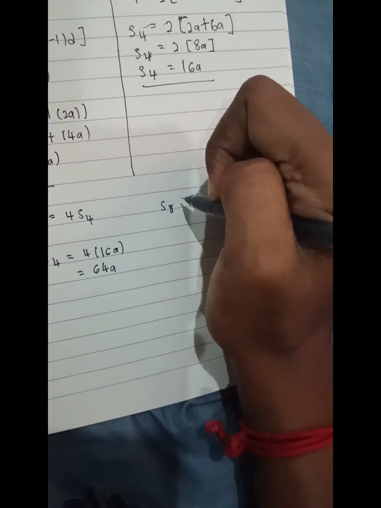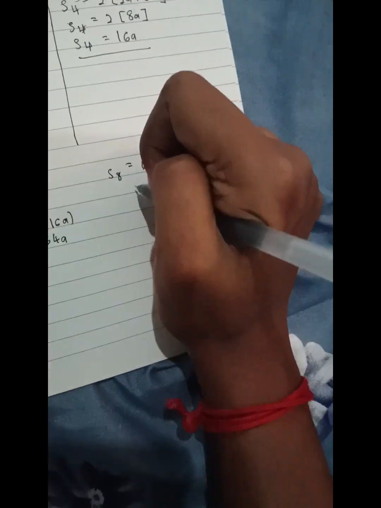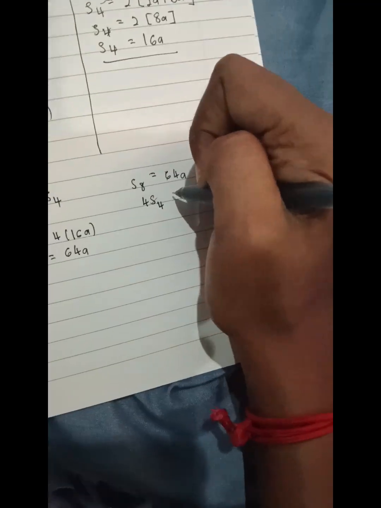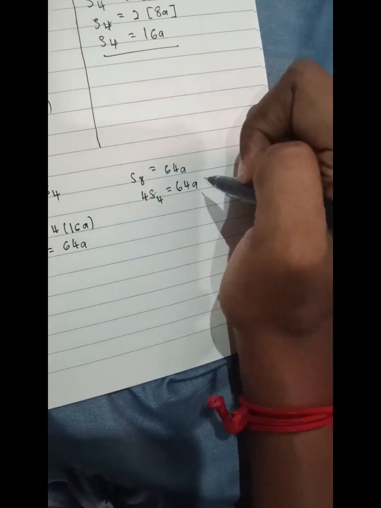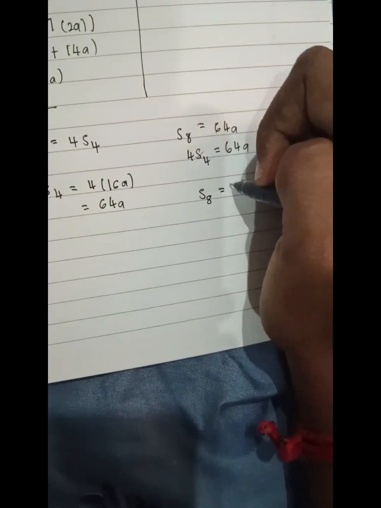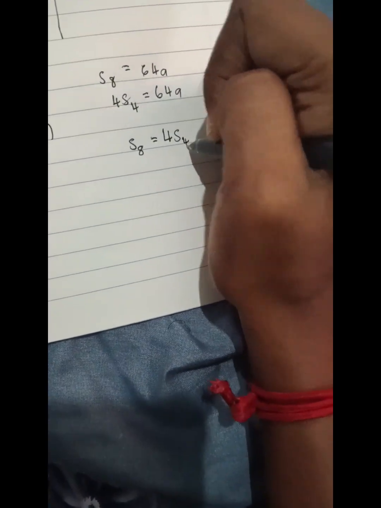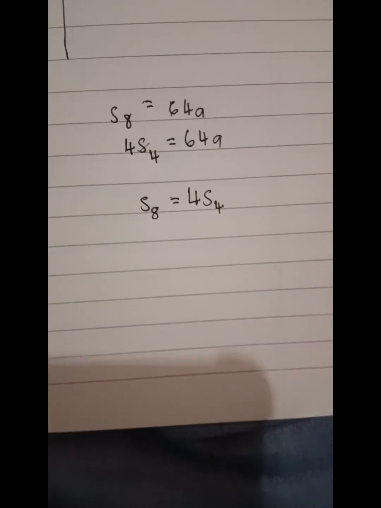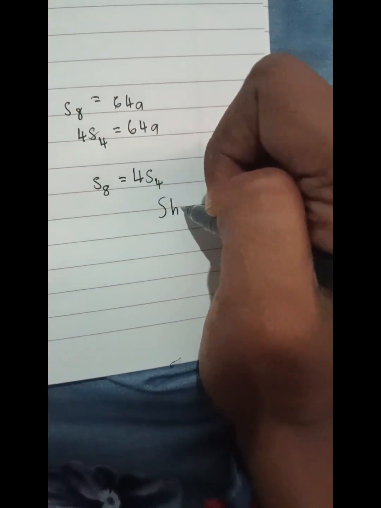Since S8 is 64a and 4 times the sum of the 4 terms is 64a, we have shown that S8 equals 4 times the sum of the 4 terms. So, shown.